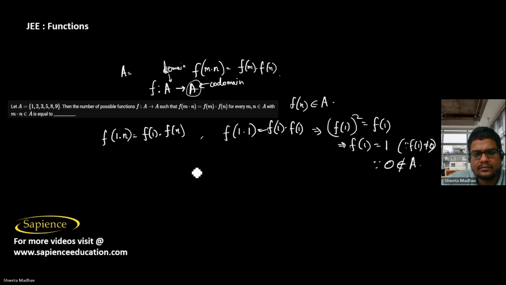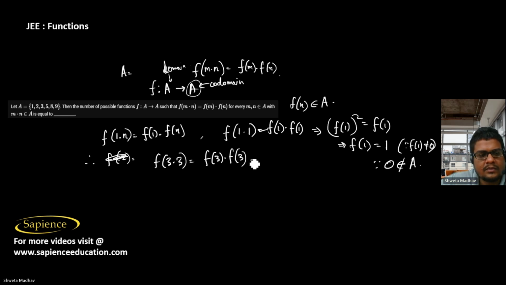Now suppose we have to find f of 2, that would be f of 2 into f of 1. Suppose we want to find f of 3 into 3, that will be f of 3 into f of 3, which is f of 3 whole square. So f of 9 is equal to f of 3 whole square.